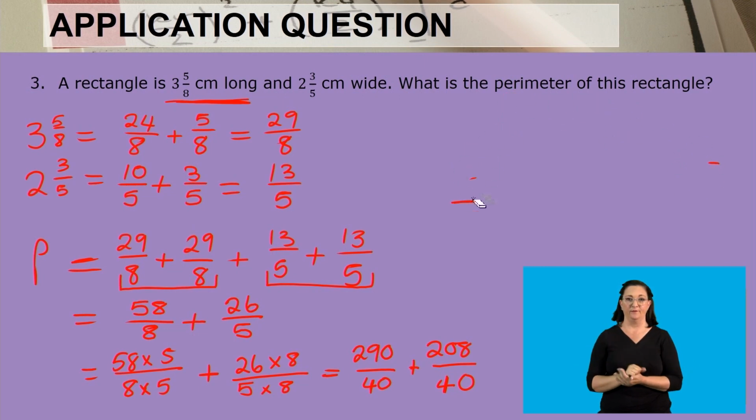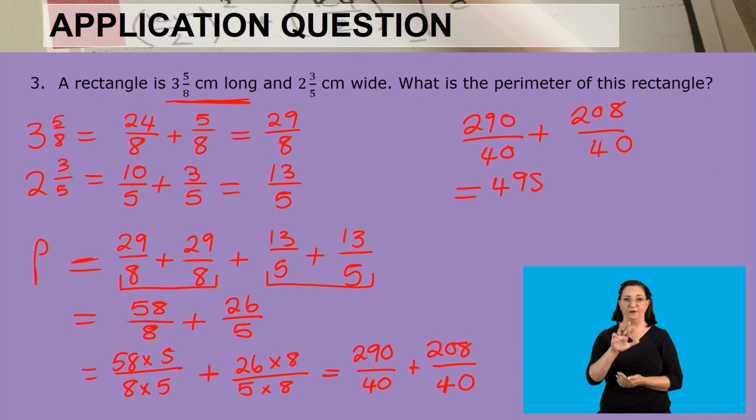So that in total is going to be 290 divided by 40 plus 208 divided by 40. That will give us a total of 498 divided by 40.